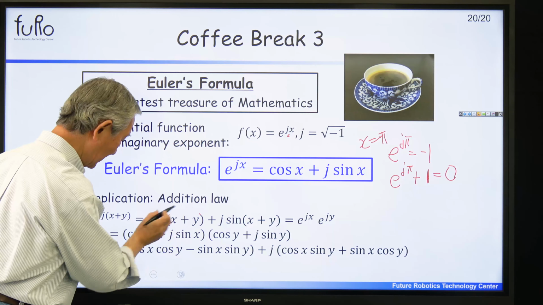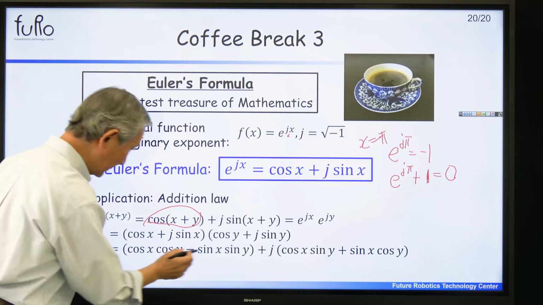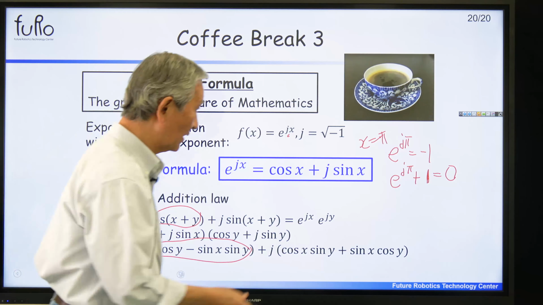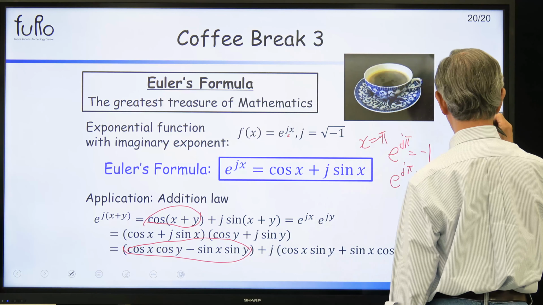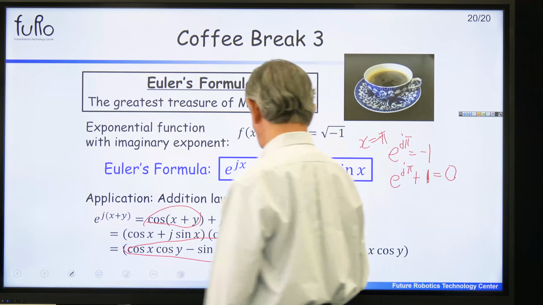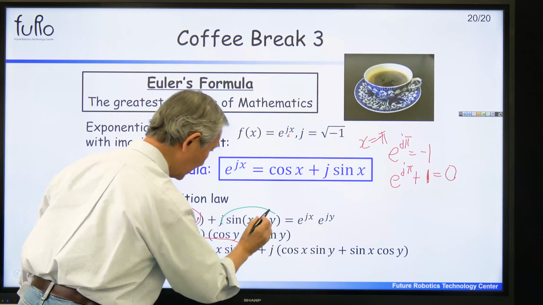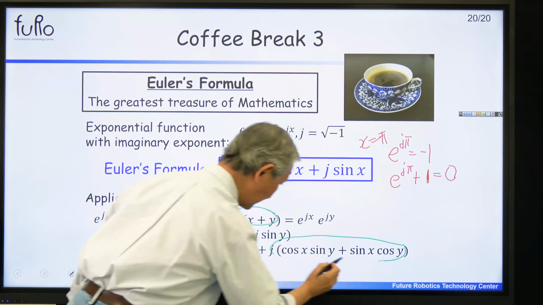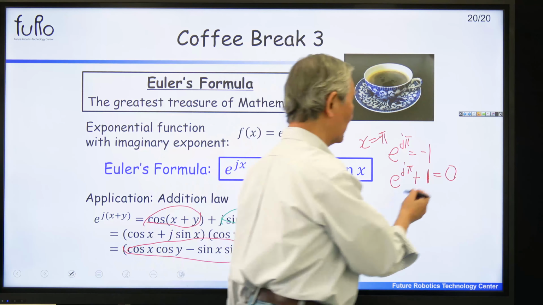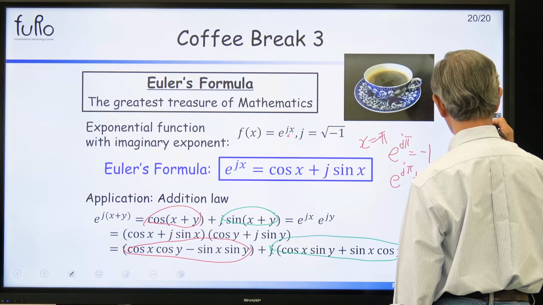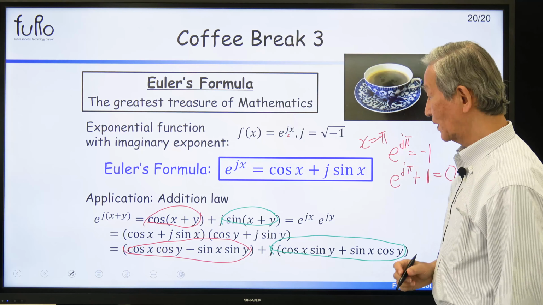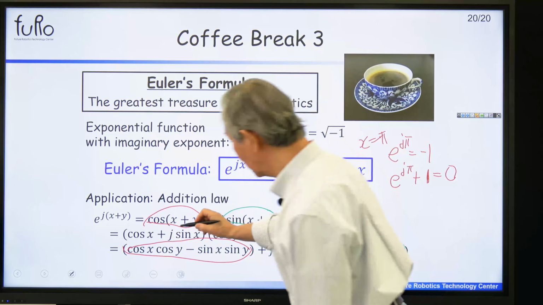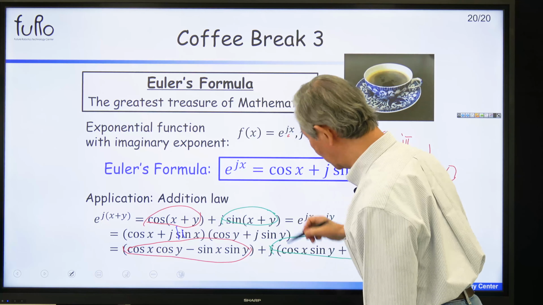And this is the real part, and this is the real part. Okay? And also, this is the imaginary part, and this is the imaginary part. So those two numbers are equal to each other, meaning that this is equal to that, and this is equal to that.